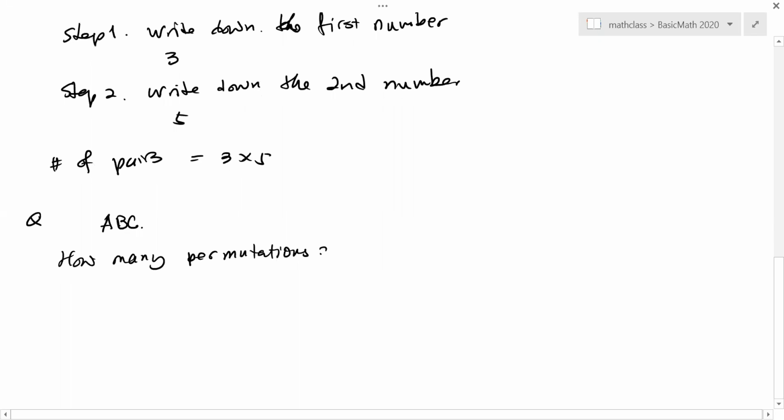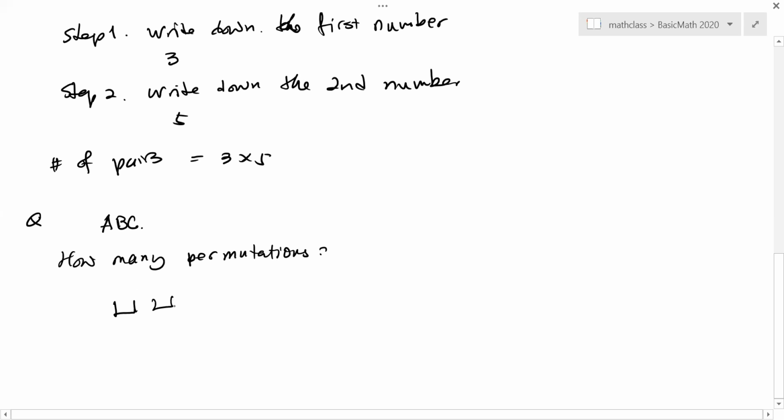You can list all of them, but sometimes you miss some. I'm not going to try to do that. If you have more than 5 letters, you have more trouble. So what we do is write down a permutation, a combination of the 3 letters.